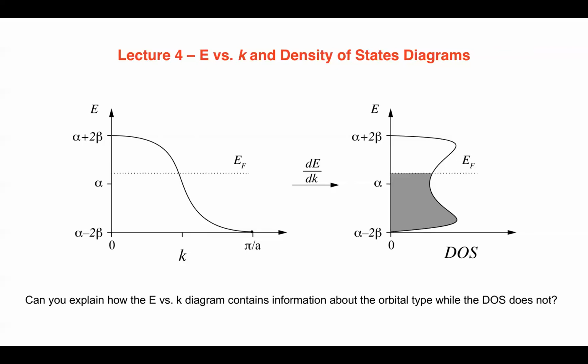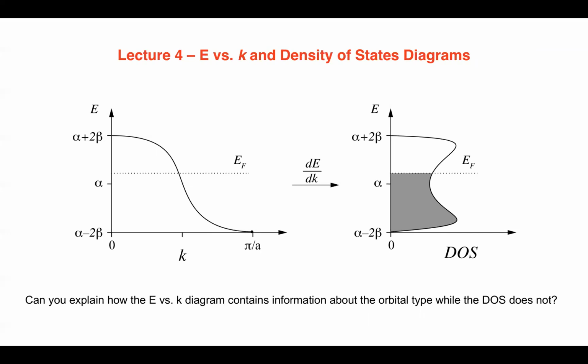And I've plotted on this diagram the Fermi energy here just to kind of help you see how these two things relate to each other. Remember that the band fills up with electrons up to the Fermi energy. And you're used to thinking about that in the case of metals and semiconductors on the right. You can also think about that on this E versus k diagram on the left, right? Those various molecular orbitals fill up until you run out of electrons.